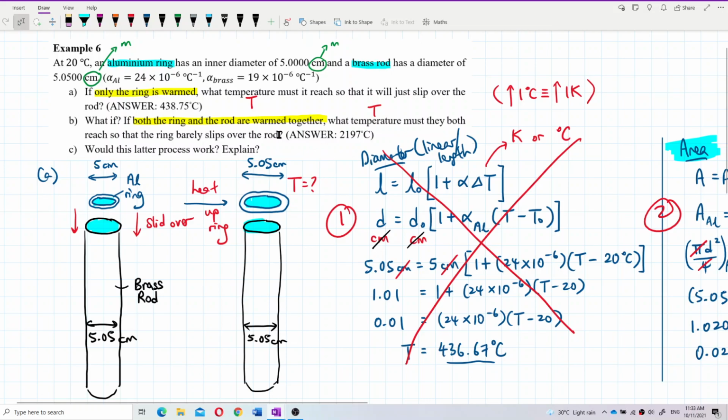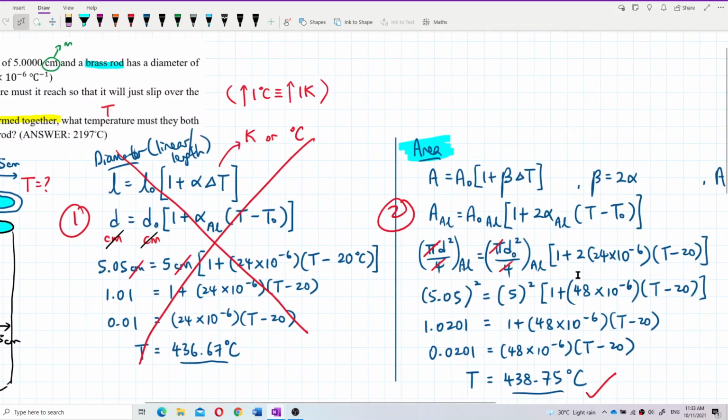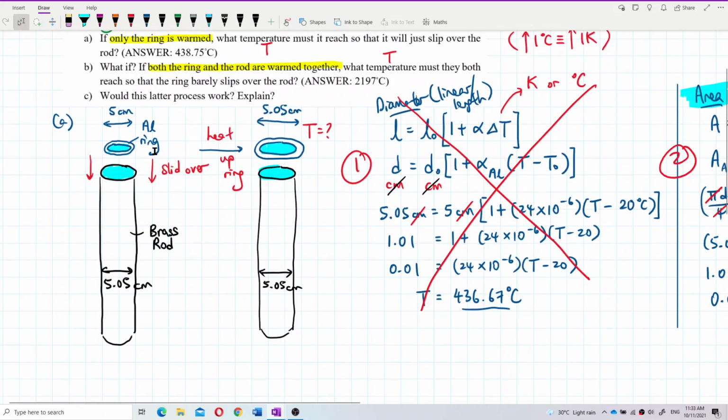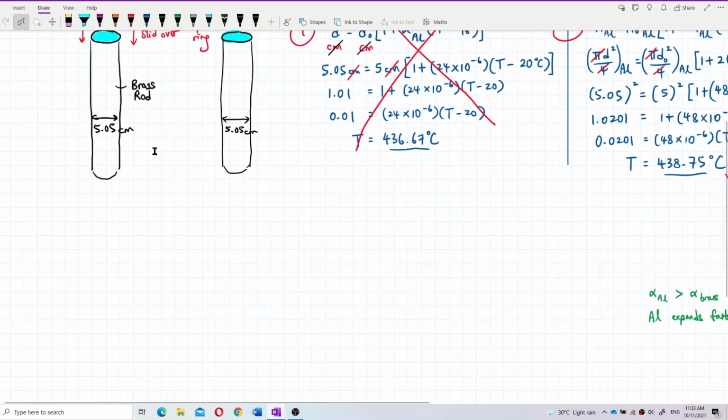So for this one, how to do it? Also, we must use the area. Don't use the diameter. For question B, let's see how we do it. For question B, we heat up both together.